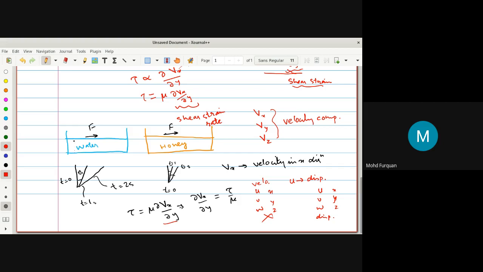So that means we can't deal with shear stress. We have to deal with rate of shear strain, because time is involved. For different fluids the rate of change of shear strain is different.